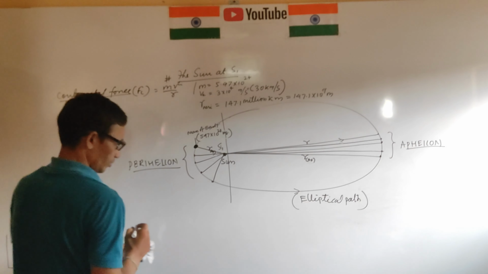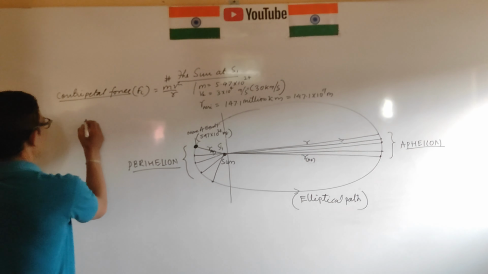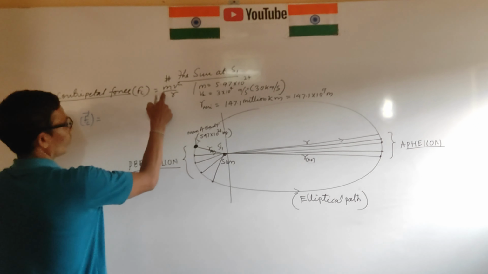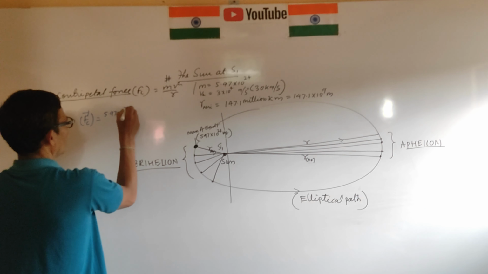So we find out this one. Okay, put the value of Fc: mass of earth is 5.97 into 10 to the power 24.